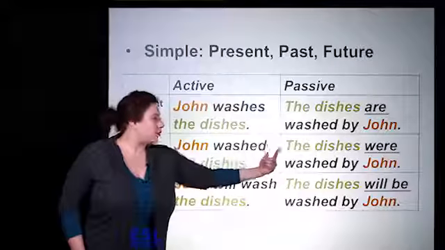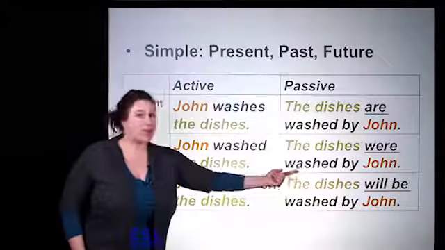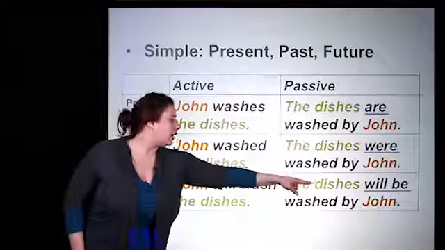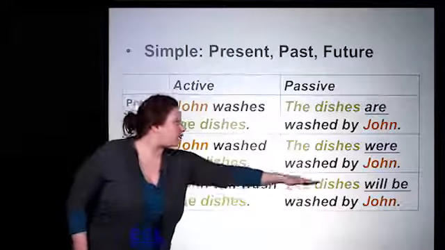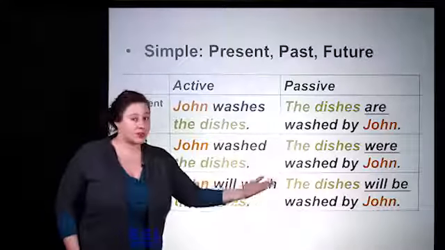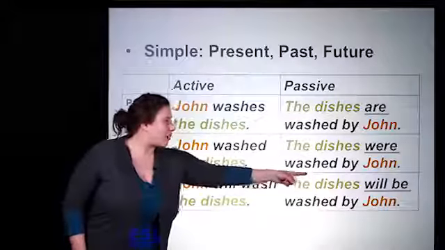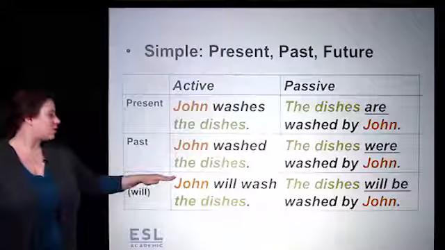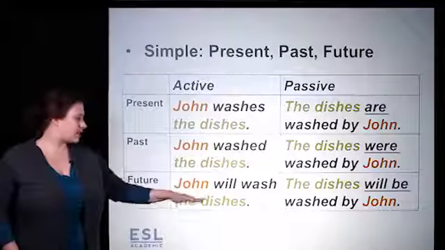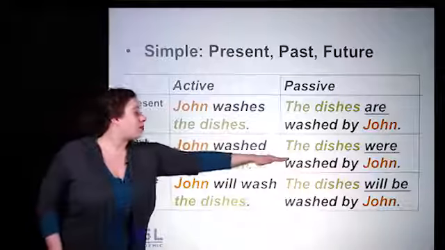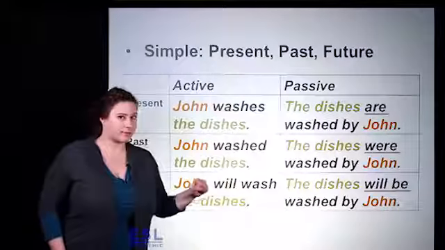Then we use the form of be that goes in the future, which is will be. The dishes will be washed by John. So you can see we've added it into the future, we've used the helper, and we've switched around the object and the subject. John will wash the dishes becomes the dishes will be washed by John.